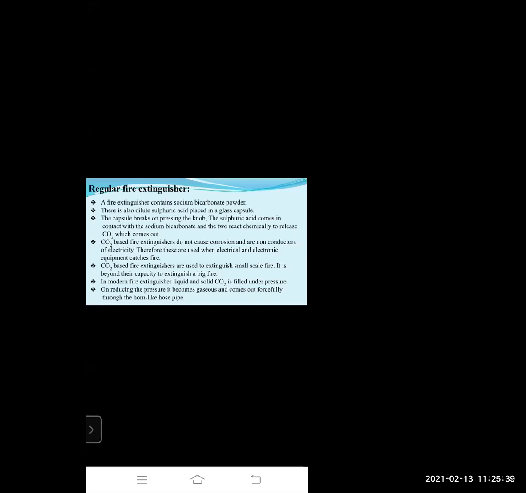CO2-based fire extinguishers are used to extinguish small-scale fire. In industries with small-scale fires, this CO2 is used because it is beyond its capacity to extinguish a big fire. A big fire cannot be extinguished with this CO2-based fire extinguisher.